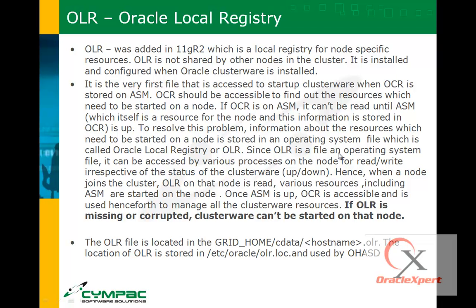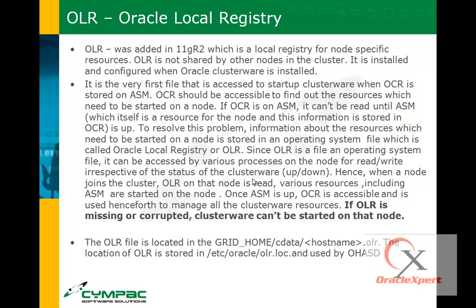Since OLR is an operating system file, it can be accessed by various processes on the node for read and write purposes, irrespective of the status of clusterware. So I need not have my grid infrastructure clusterware up and running. I can directly access it by some program since it's a file present at the operating system level. That's why I said it can't be kept on ASM.